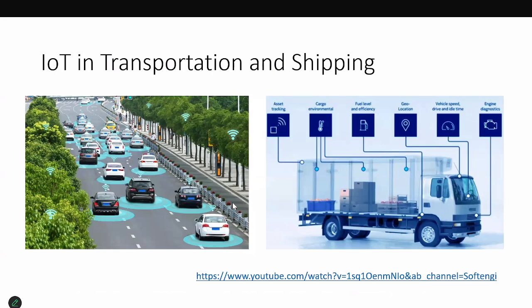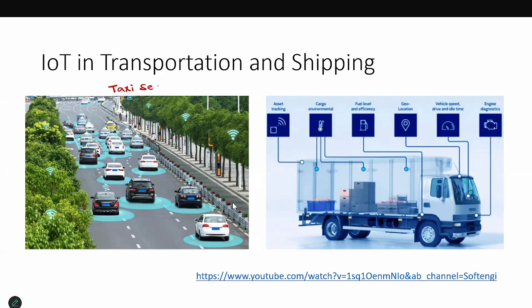And then I have presented two applications from transportation and shipping, and this is an example of a taxi system. Now all these cars are taxis, right?